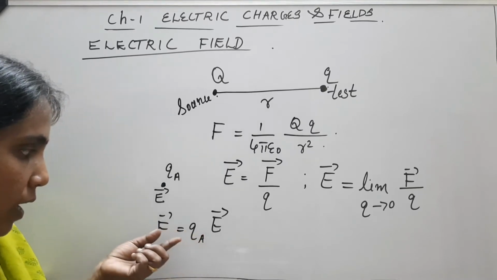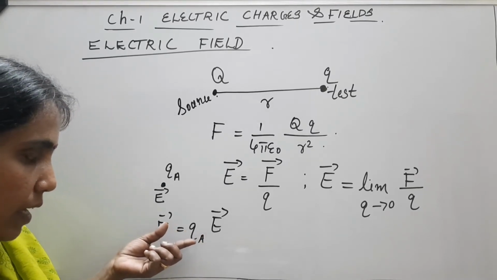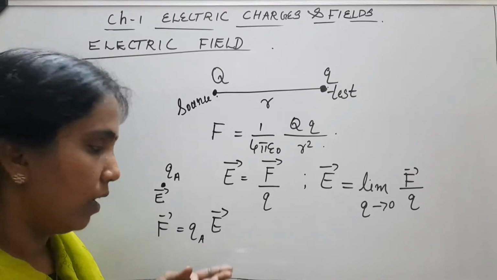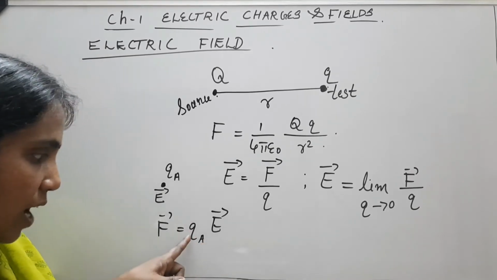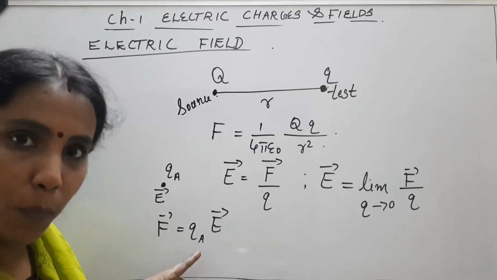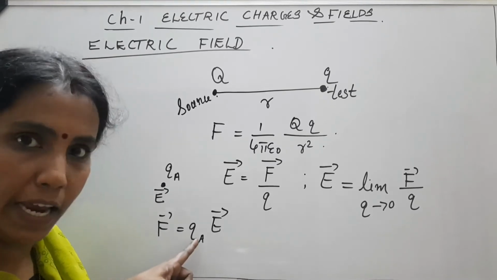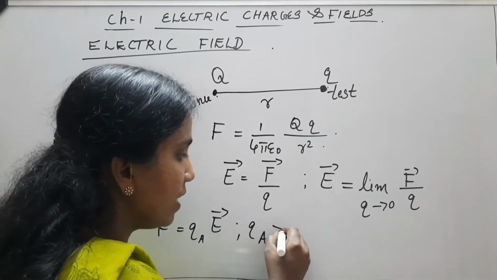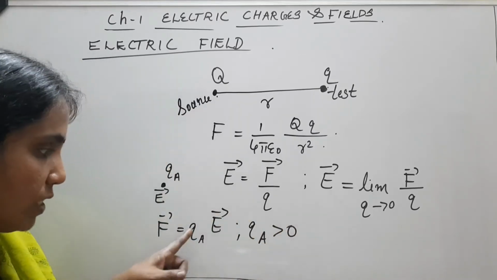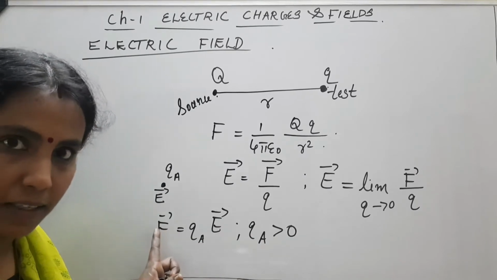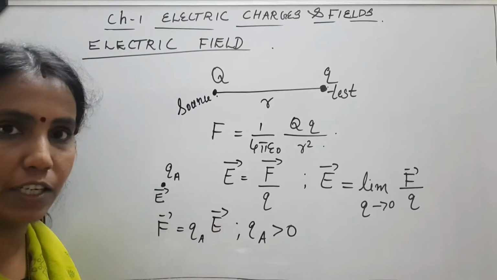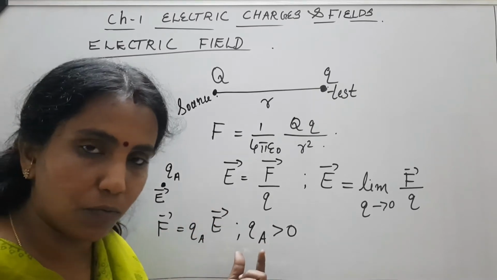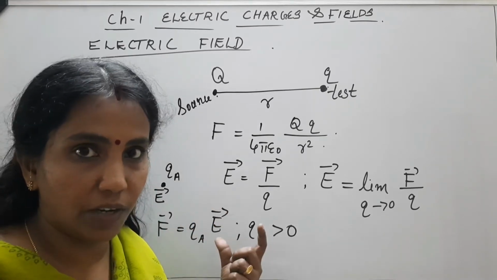This gives us information regarding the direction of force experienced by the charge. If QA is positive, or QA is greater than 0, the force experienced by the charge is in the direction of the electric field. That means the force and the electric field are in the same direction.